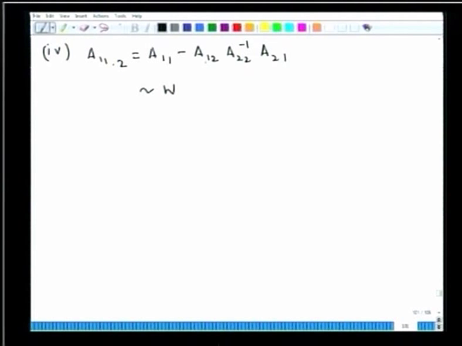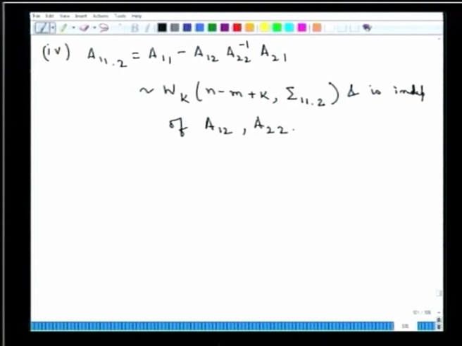The order would be the same as A11, that is K. So this would follow a Wishart distribution of order K, with degrees of freedom n minus m plus k, and the associated variance covariance matrix sigma 11.2, and is independently distributed of A11 and A22. So these are some fundamental results concerning partitioning of the Wishart distribution.